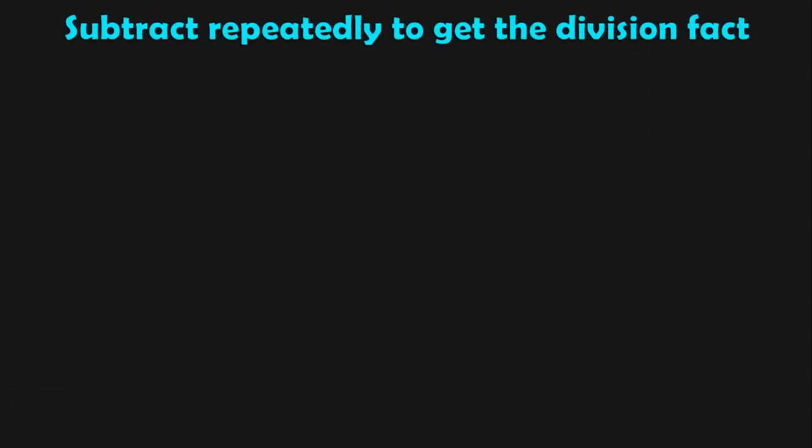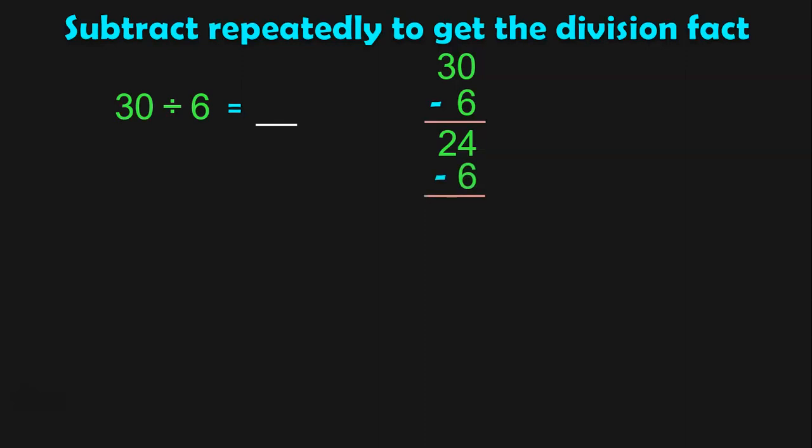Subtract repeatedly to get the division fact. 30 divided by 6 is equal to dash. First subtract 30 minus 6. What is the answer? 24. Now subtract 6 once again and you get the remainder to be 18. Subtract 6 once again and you get 12.